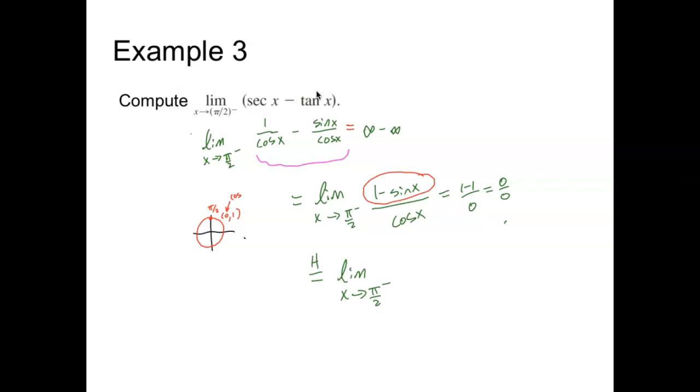Good. Negative cosine x. So derivative of 1 is just 0. Derivative of negative sine will be negative cosine. What's the derivative of the denominator? Negative sine.